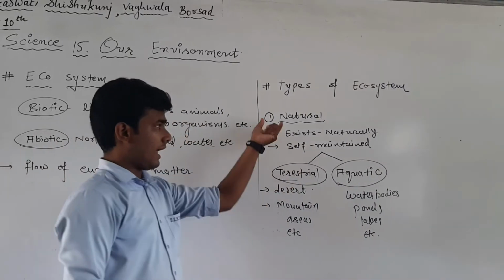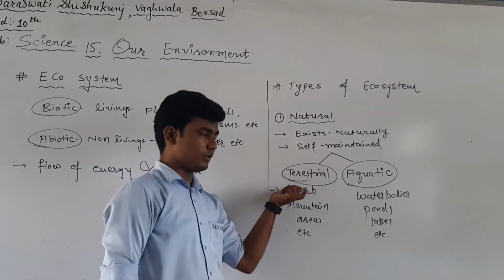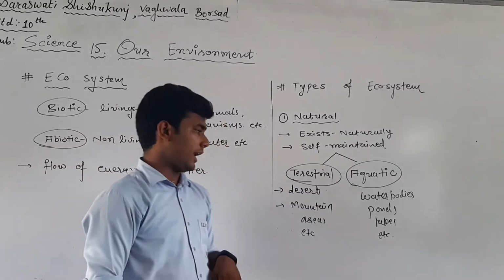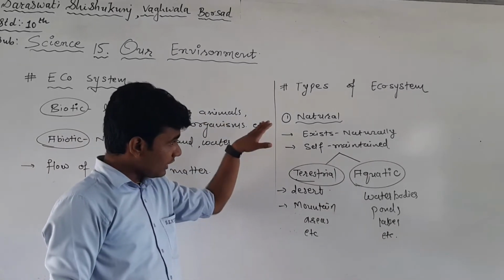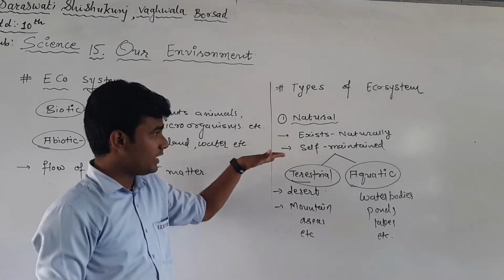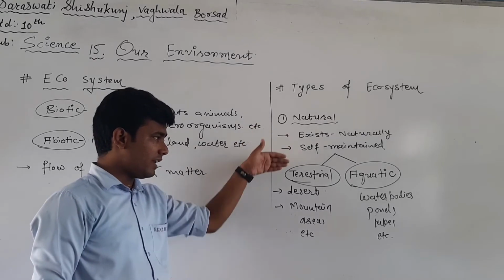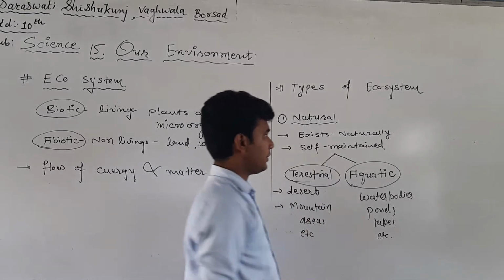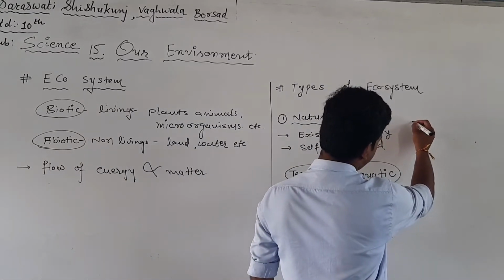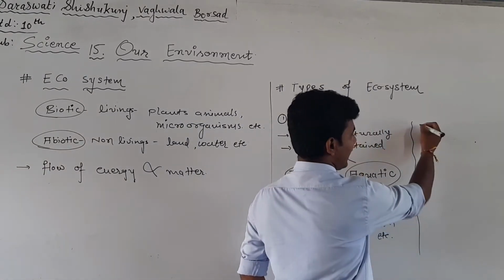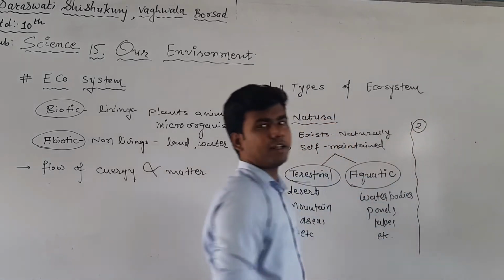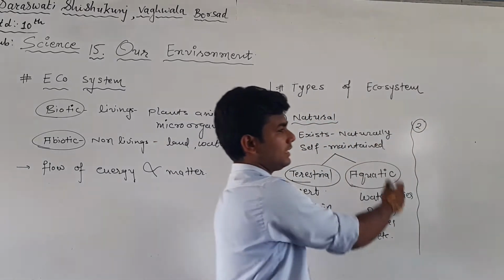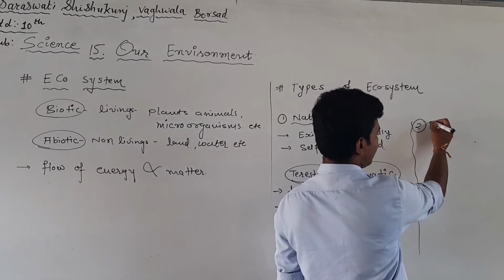So this way our natural ecosystem can be categorized into terrestrial ecosystem and our aquatic ecosystem. Natural ecosystem, it exists naturally, it is self-maintained, and we will have terrestrial and aquatic, and also the examples of terrestrial and aquatic.